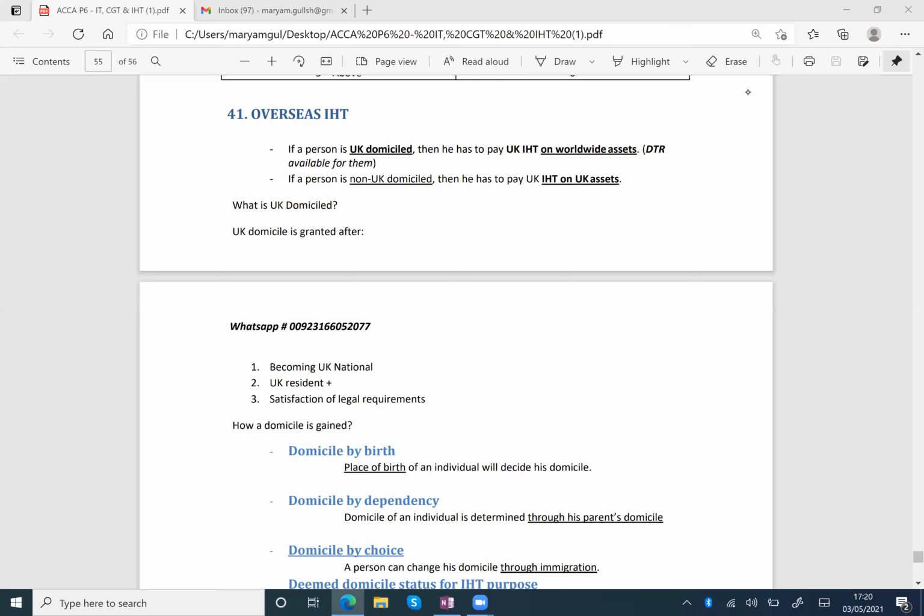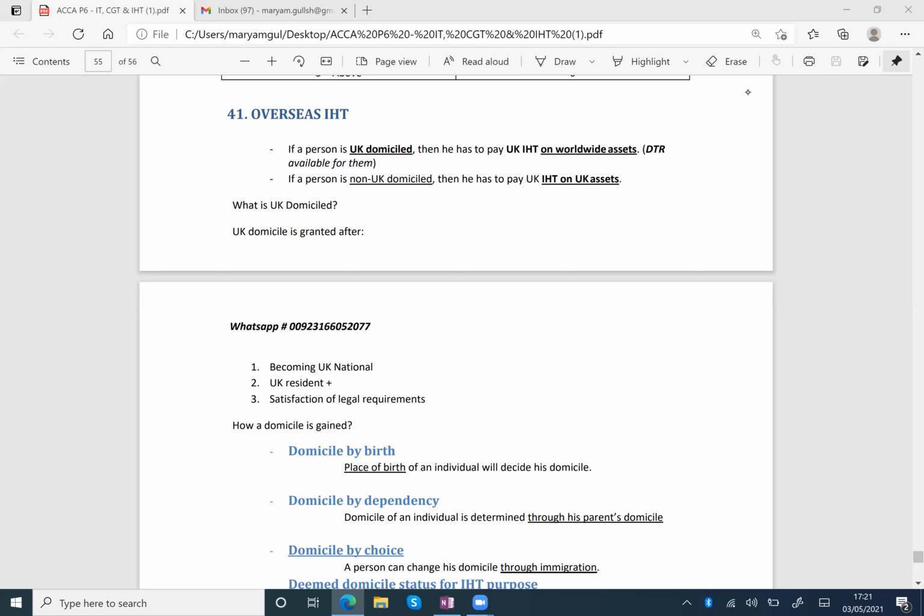Income tax and CGT overseas aspects, I will tell you later on. There is a separate topic. So in overseas income tax and overseas CGT topic, the same definition which you will use for domicile here in IHT overseas, I expect the same definition of domicile you have to use.